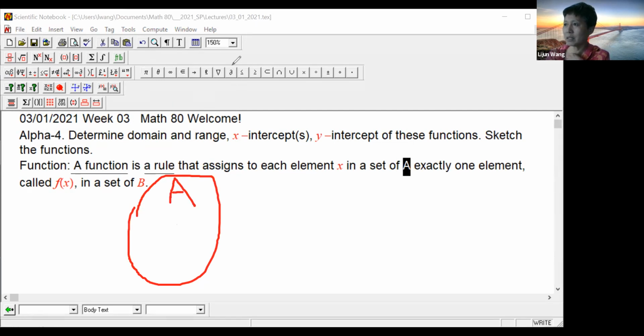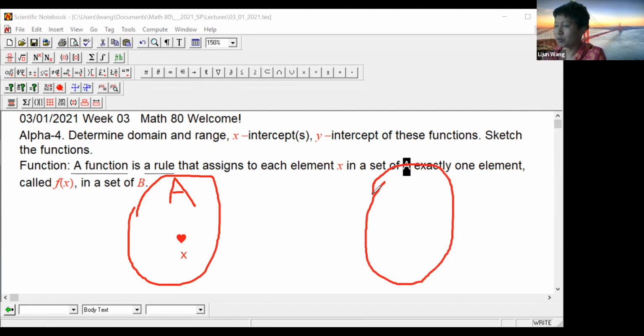And there's an element in A. We call this element X. So for this element, we're going to have an assignment to it. So all the assignments will get to another set called B.